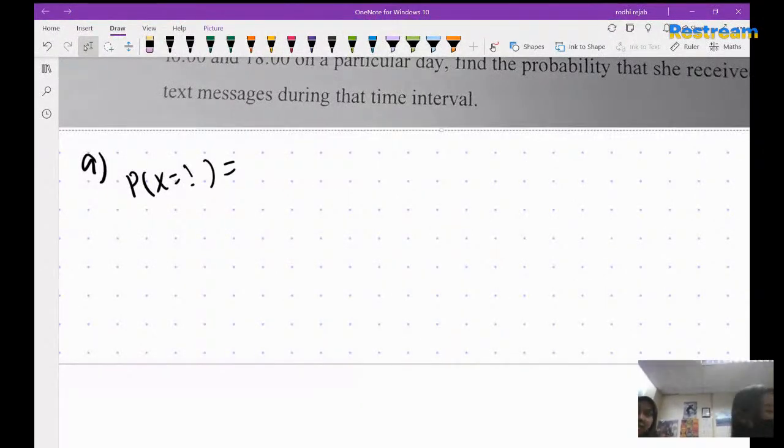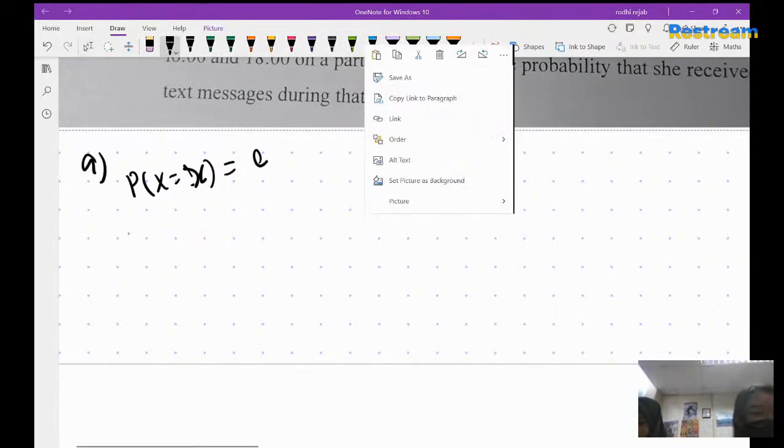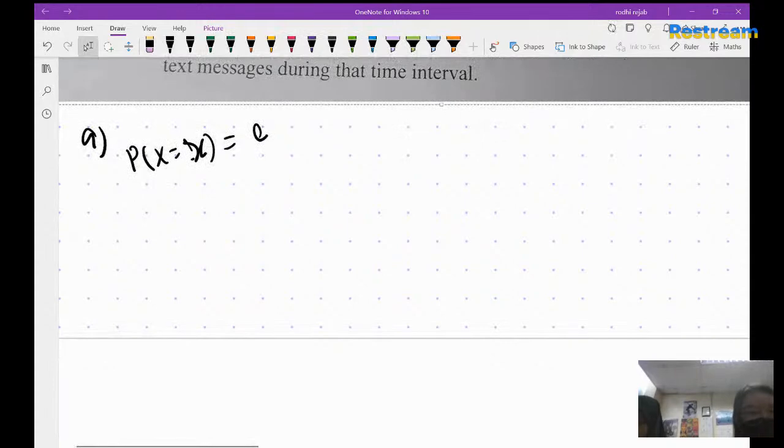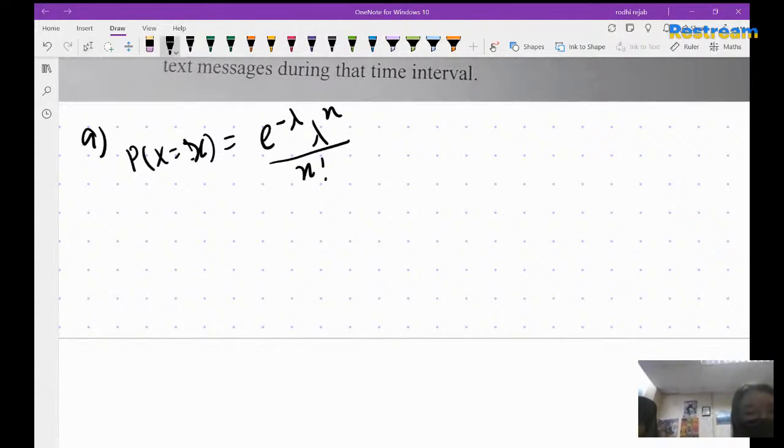I write a general formula first: P(X = x) equals e to the power negative lambda, lambda power x, divided by x factorial.